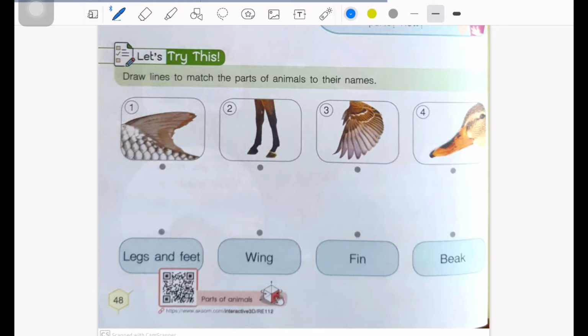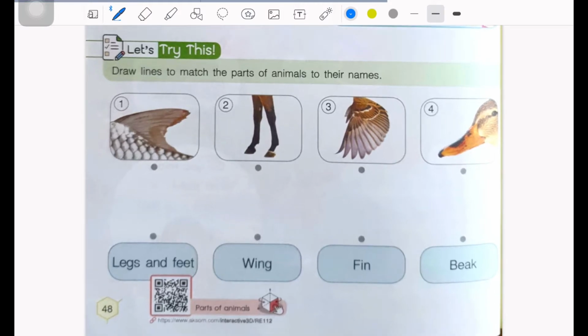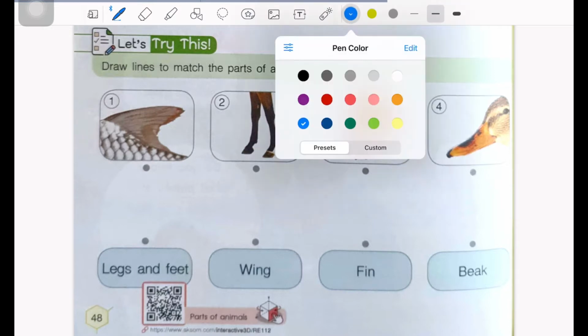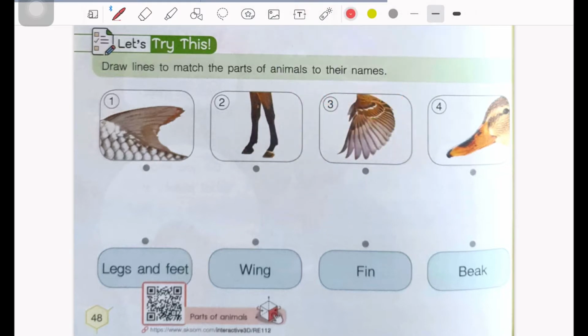There are 4 items. The first one, I think it is a part of a fish. The second one looks like a horse leg. The third one is like wings, and the fourth one, I think, is a duck. Yes, and they asked us to draw lines to match.